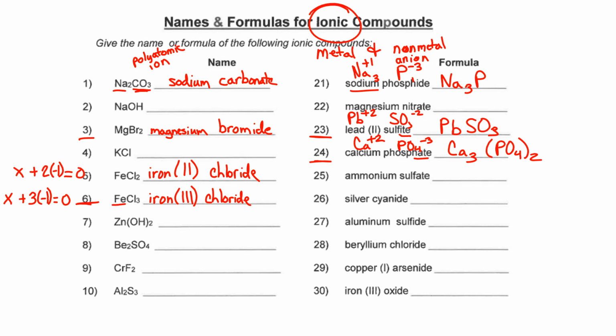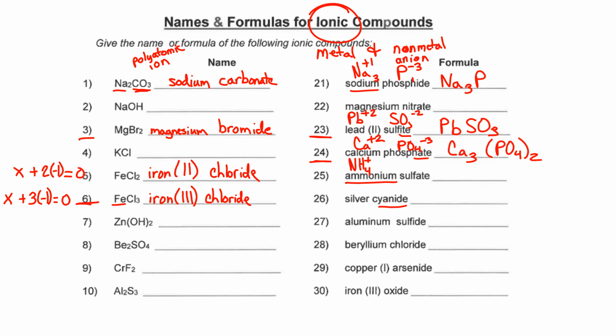Now, I'm going to tell you, you probably got hung up on both of those because they don't fit any of the patterns that we've seen yet. Ammonium is a polyatomic ion, but it's a polyatomic cation. It's NH4 with a +1. So if you look on your polyatomic ion list, the second one on there is ammonium.